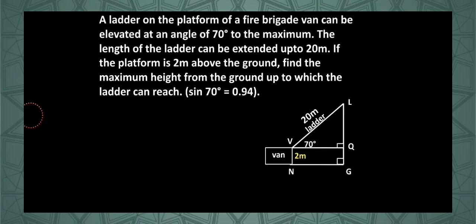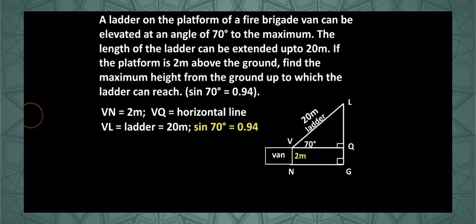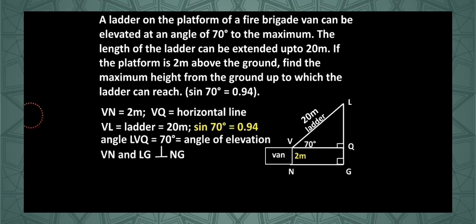The first step: mention all the details, whatever we described in the diagram. The details are what is VN, what is VQ, what is VL, its length, and sine 70. Don't forget to mention it. It's special information, the one which is giving us the clue. Angle LVQ is equal to 70 degrees, that is the angle of elevation, and here we go with the first step.